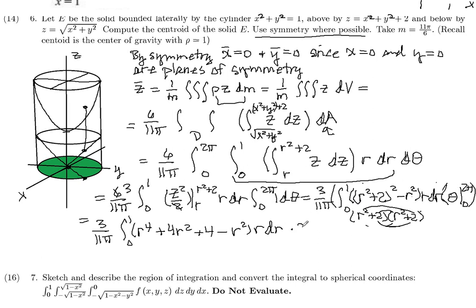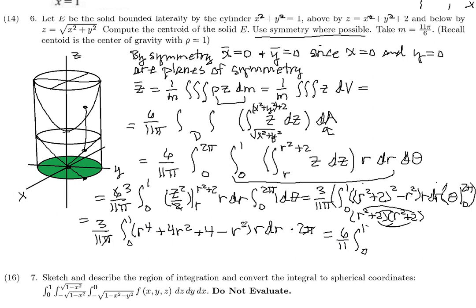So that's going to be times 2 pi. And so our pi's cancel here. And so 2 times 3 on the outside, this is 6/11 on the outside. Integral 0 to 1.